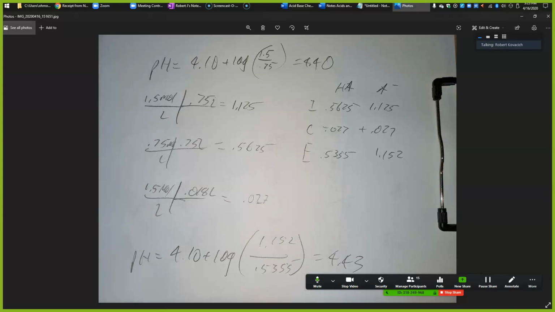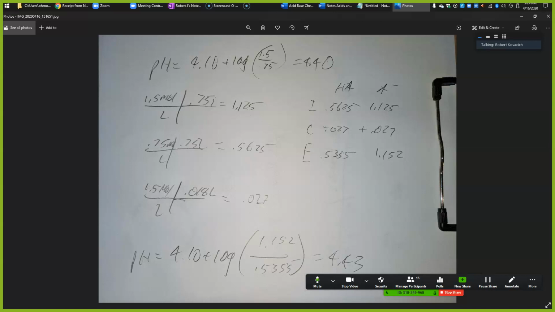So initially, we had this buffer sitting there, and we needed to know the number of moles of acid and of base, in this case salt, before anything happened. So I calculated the amount of the salt in the solution, and I came up with 1.125, and the moles of acid in the solution, ascorbic acid, which is 0.5625. So that was my starting position.